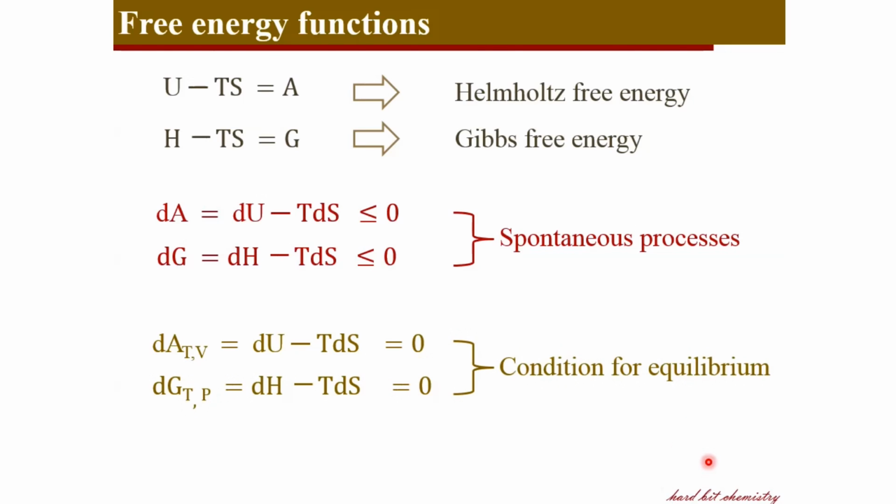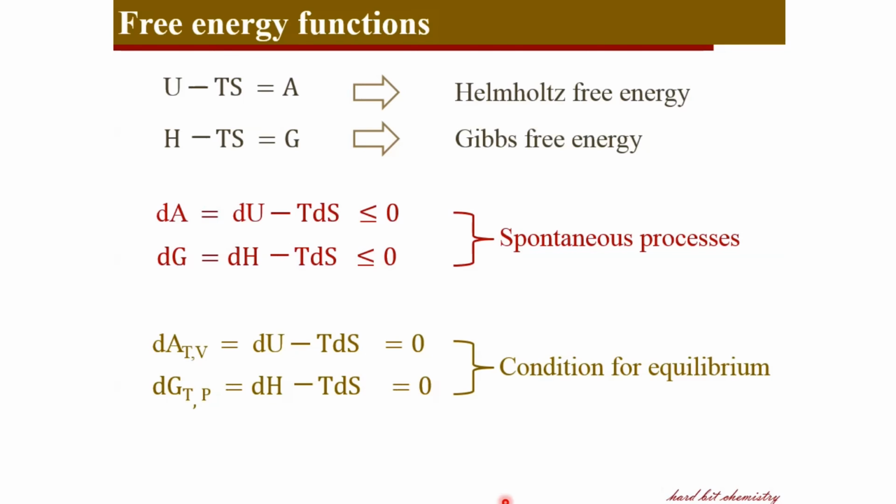That means for a spontaneous process, the change in Helmholtz free energy at constant volume condition and change in Gibbs free energy at constant pressure condition are always less than or equal to 0. And exclusively for equilibrium condition, the change in Helmholtz free energy and change in Gibbs free energy are equated to 0. And this is an important consequence of Clausius inequality.